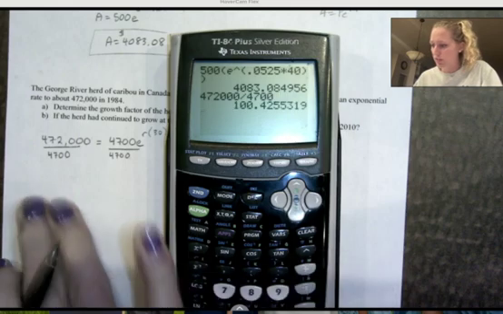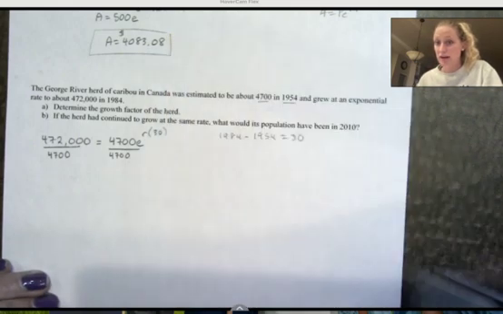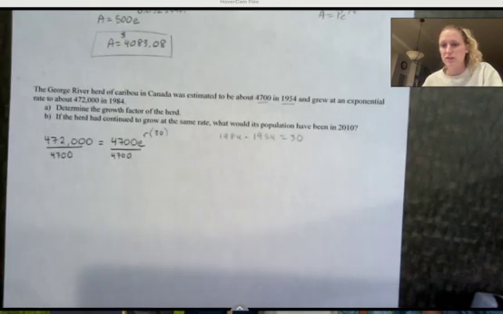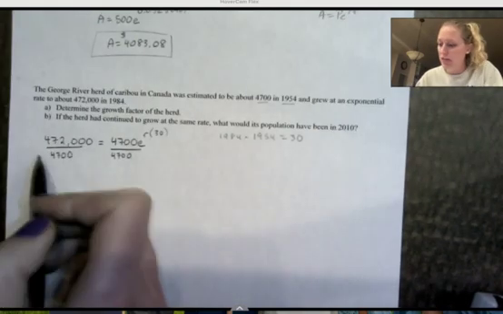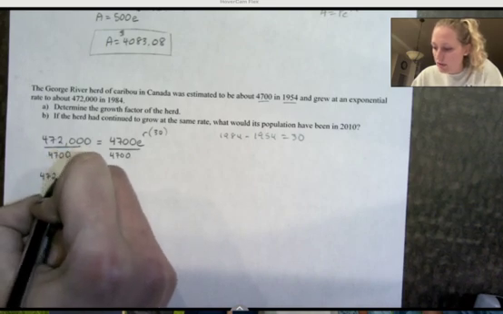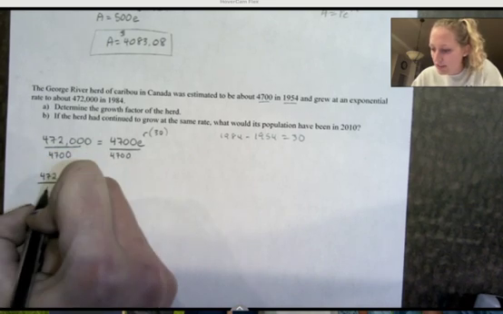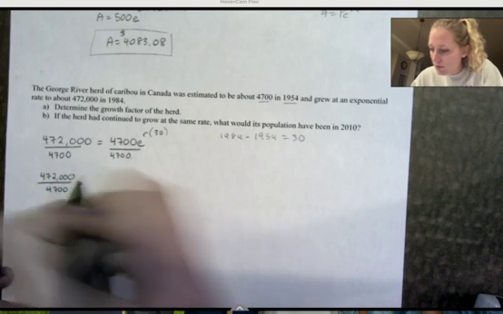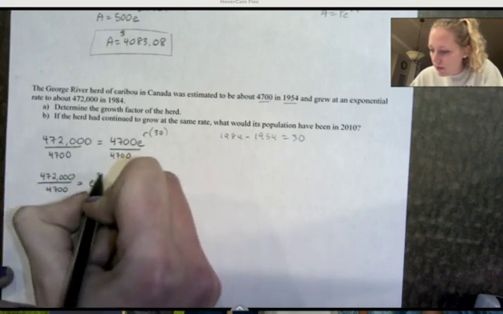This one doesn't work out nicely, so I'm going to leave it as a fraction for now. I like to do all the calculator work at the end to get the most accurate answer. So I've got 472,000 over 4,700 equals e raised to the 30r.